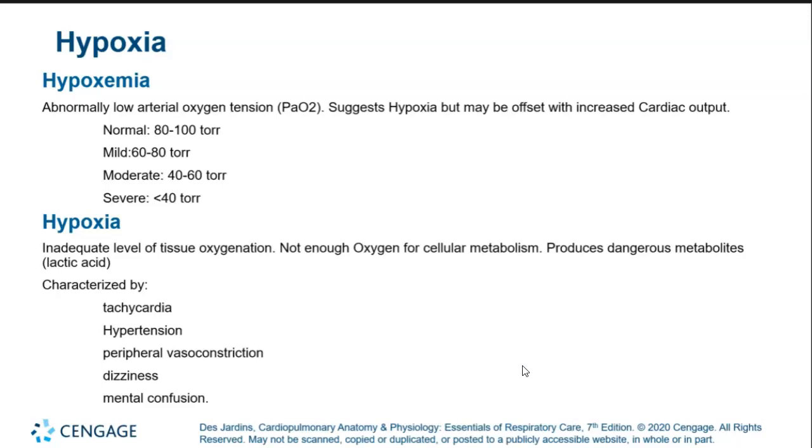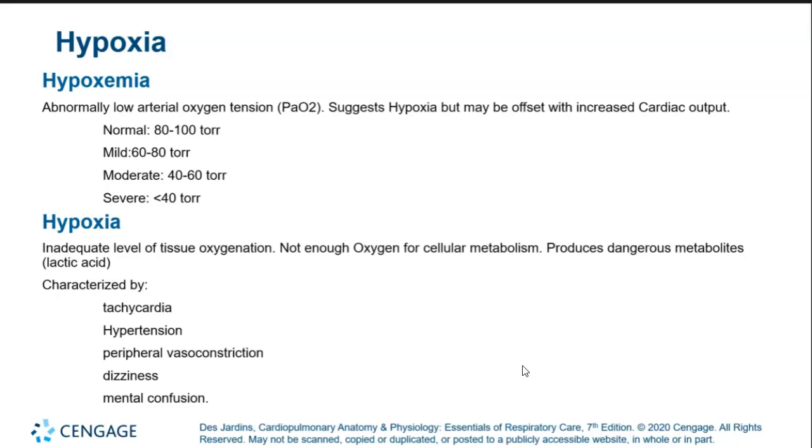All right. So talking about hypoxia versus hypoxemia. This is another important distinction I want you guys to be able to make. Hypoxemia is what we refer to when you have an abnormally low arterial oxygen tension. So your PaO2 values are low.